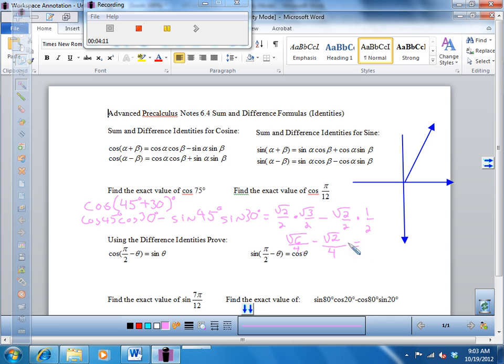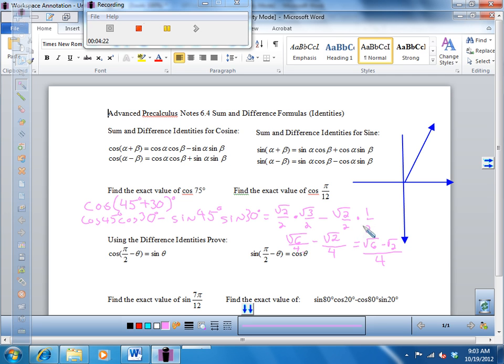Then I can write the entire thing over a common denominator. You cannot add square roots, okay? You can multiply them, but you can't add them. So that's how you write your answer: root 6 minus root 2 over 4. So the cosine of 75 is exactly root 6 minus root 2 over 4.